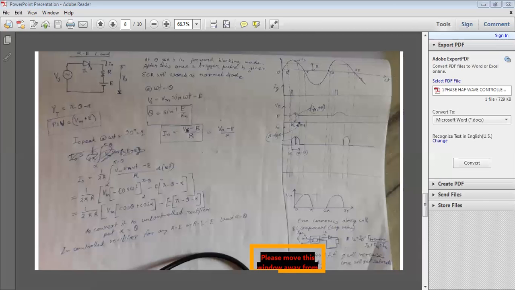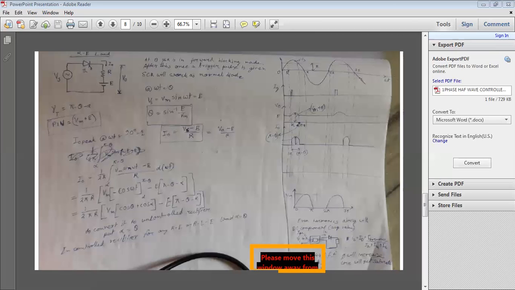Because in the transformer case, the output voltage is 4.44 into flux into frequency into time. So here, if flux increases, since the flux is inversely proportional to frequency, it will get saturated.